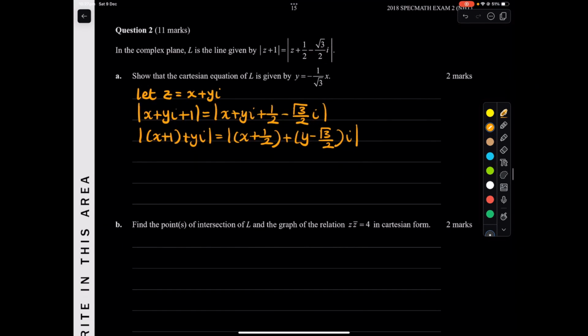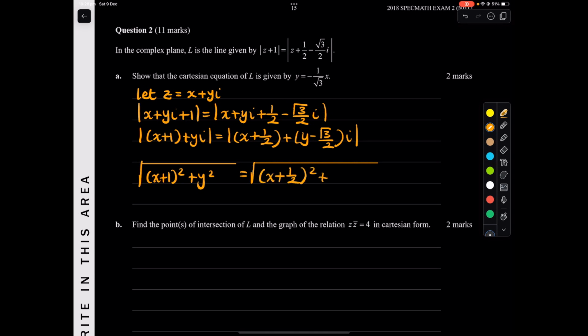Done. Because it's the absolute value, to get rid of the absolute value, it's just the square root of x plus 1 squared plus y squared is equal to the square root of x plus a half squared plus y minus root 3 over 2 squared.